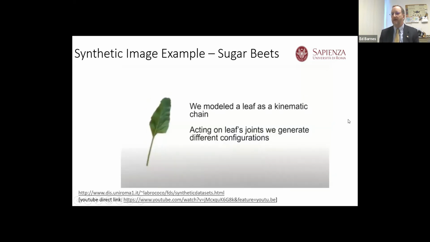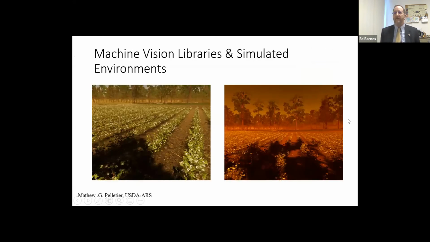And actually, we are working with Dr. Matthew Pelletier, who's with the USDA ARS in Lubbock, Texas, and he has already developed a synthetic cotton field. And so what he's done, very creative, took one of these 3D gaming engines, and so he's created a 3D environment.